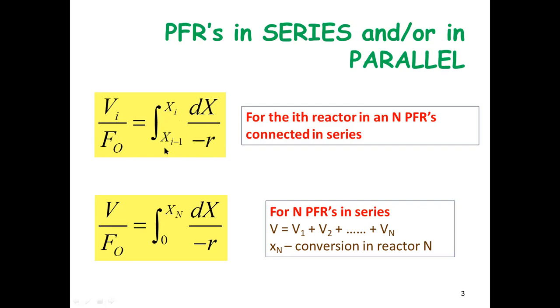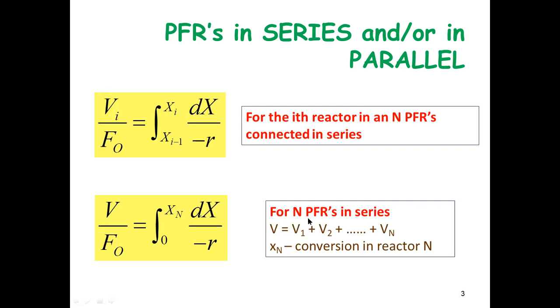So that is why you have X sub i-1. So if you are determining the volume of the third reactor, this would be the conversion from the second reactor because this one is i minus 1. And this one is, of course, the conversion in the particular reactor in which we are computing for the volume of.